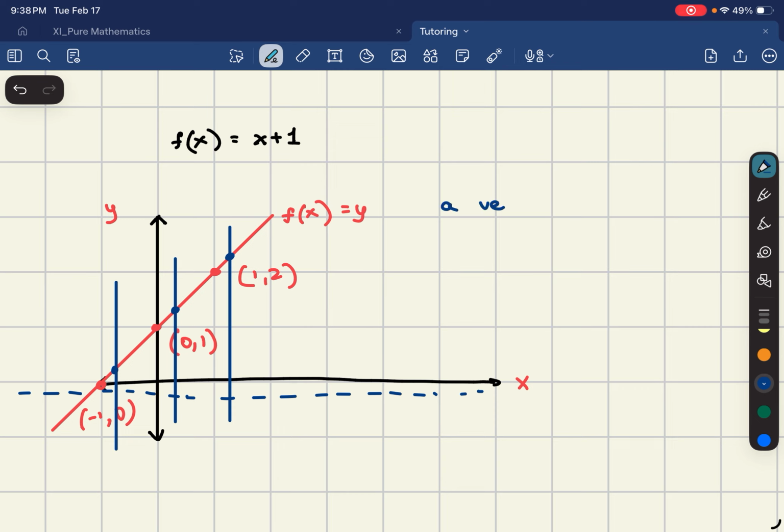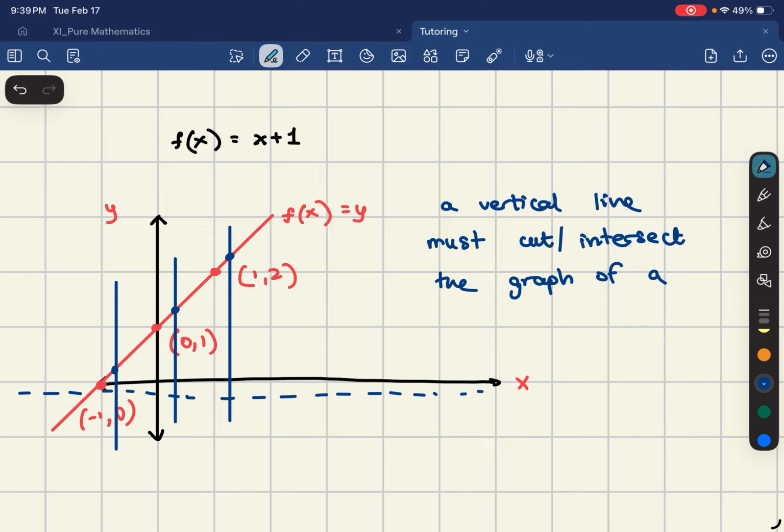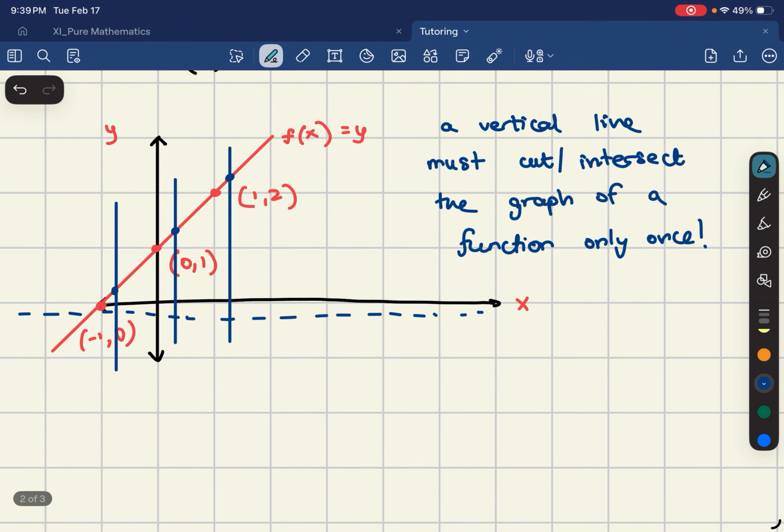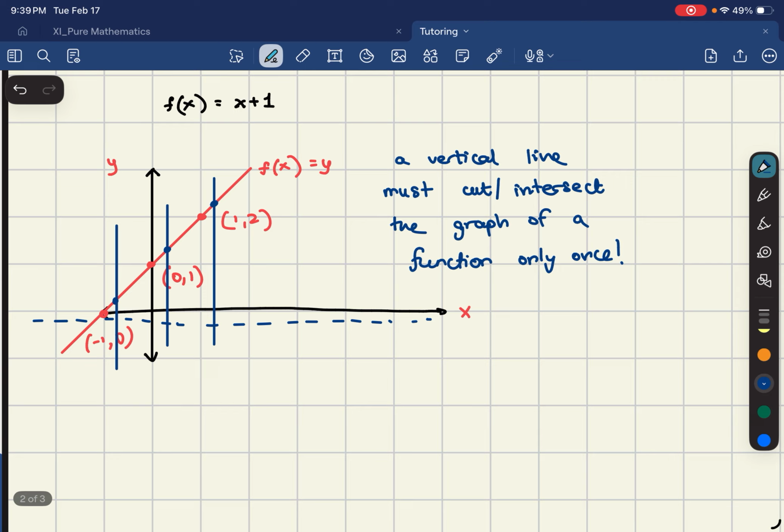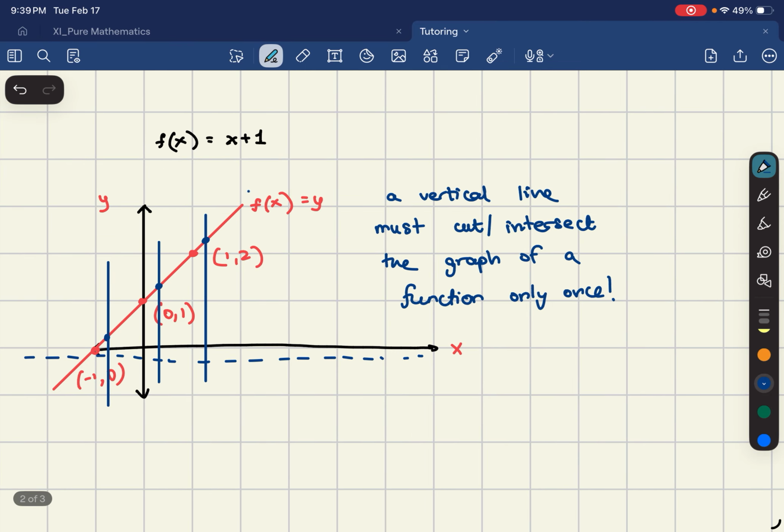So a vertical line must cut or intersect the graph of a function only once. So you draw a vertical line, it should only intersect once for something to qualify to be a function. So because this line passes this test, then we can say that it is a function.